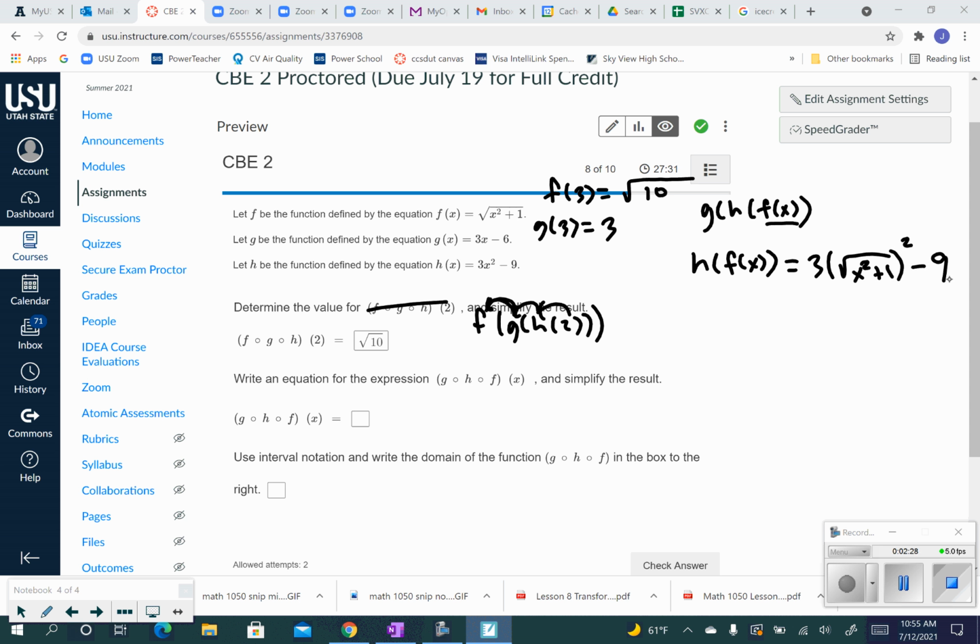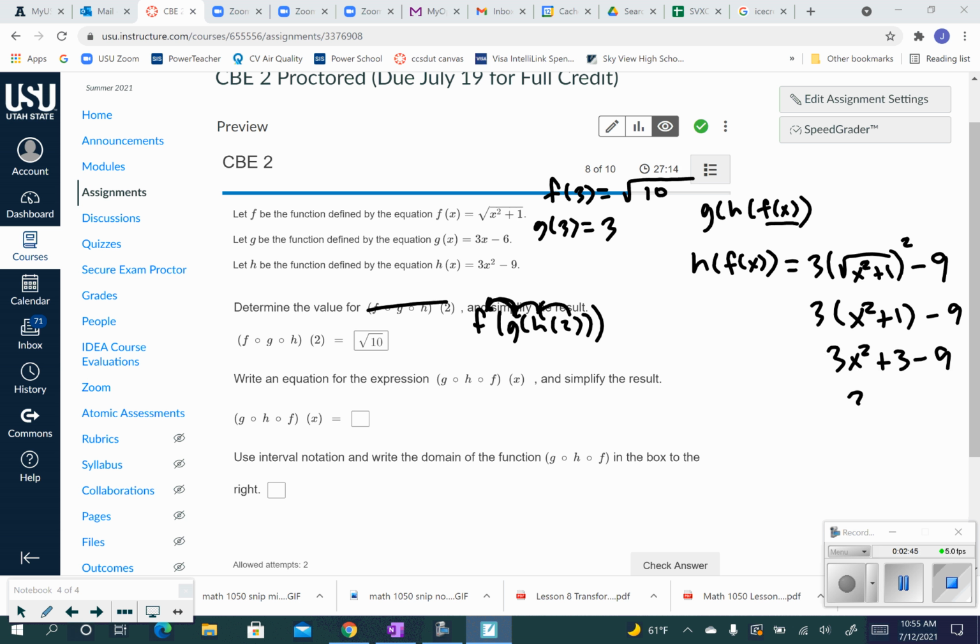When I square a square root, that's kind of nice, they cancel out. So I end up with 3 times x squared plus 1, minus 9. Distributing the 3, we end up with 3x squared minus 6. That part was just the h of f of x.